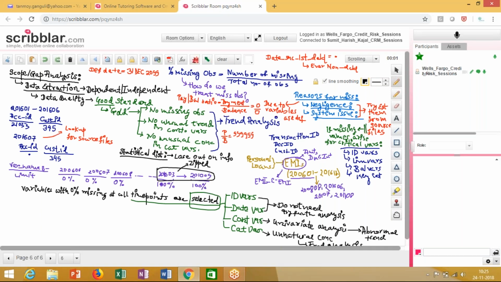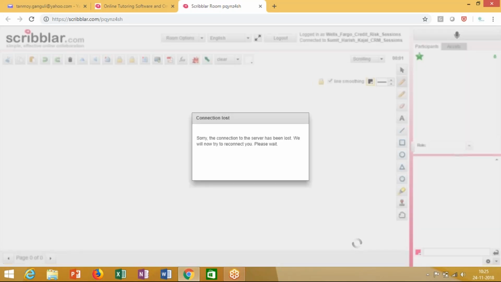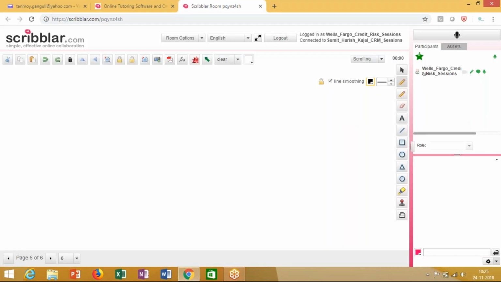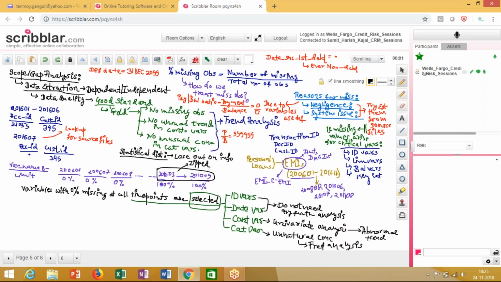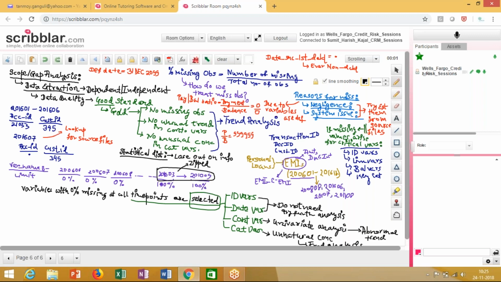So let's catch up tomorrow and complete this part, following which we will be working with the next stage, which is model development and validation. With that, we'll complete the framework of scorecard development, followed by the development of the scorecard across different stages, right?